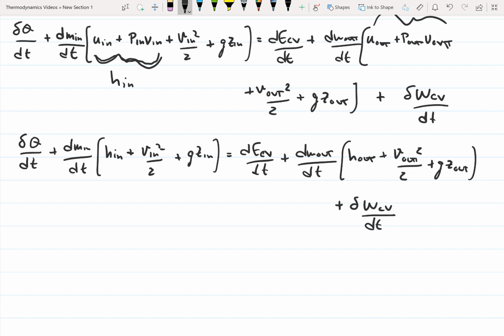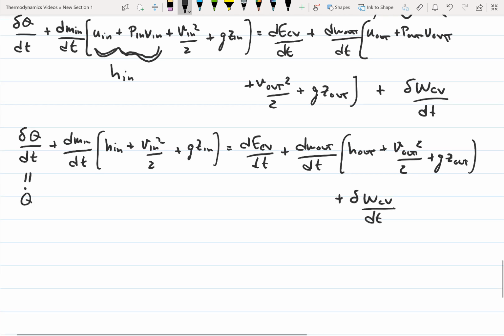So now let's use the dot notation for the derivative. So this dQ/dt, I'm just going to say that this is Q dot.